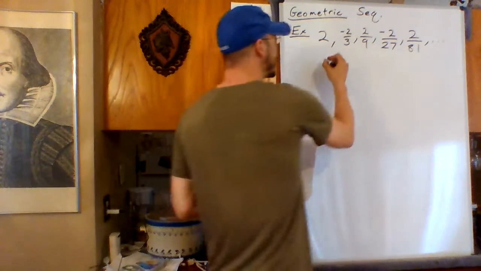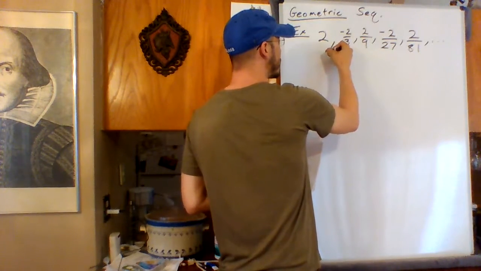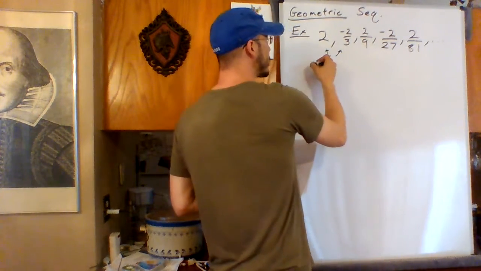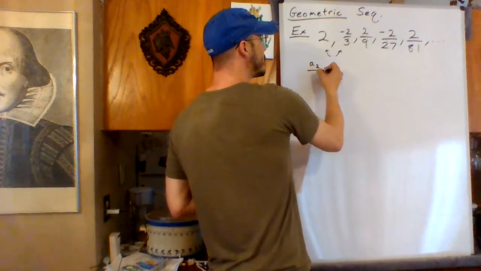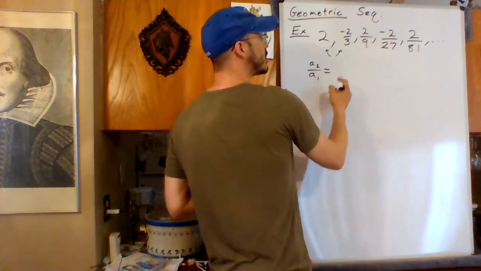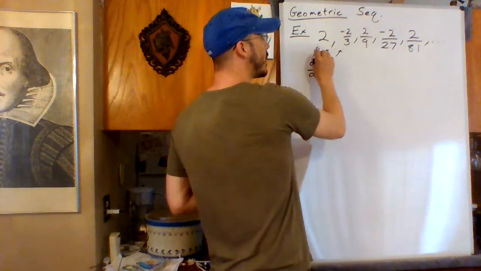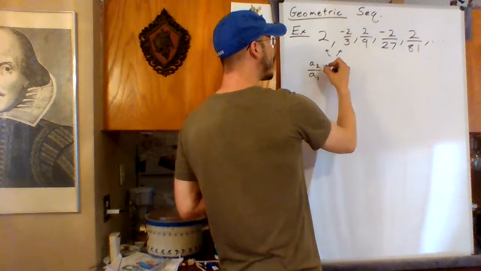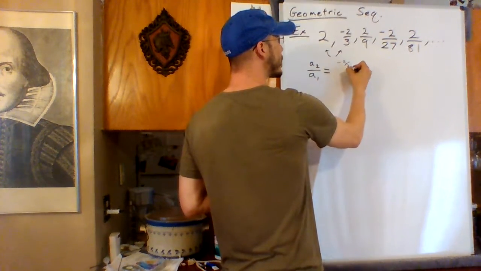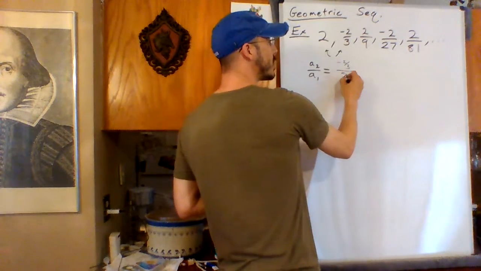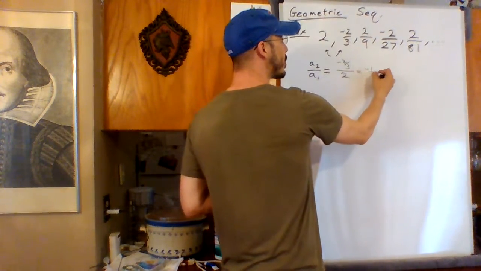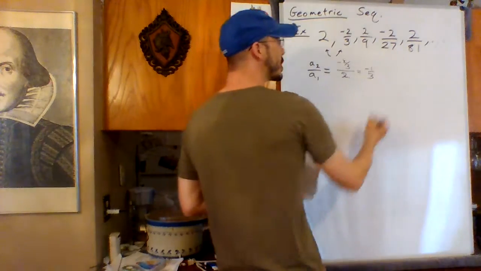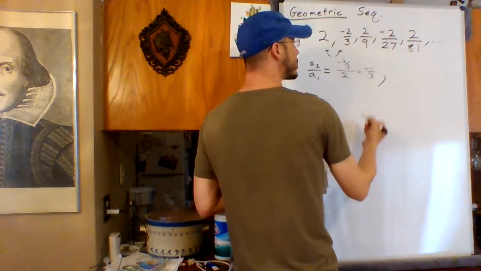If we look at the ratio between these terms, let's look at A2 over A1. That's my A1, A2, A3, and so on. A2 over A1 is negative 2/3 over 2. The 2's cancel, and that gives me negative 1/3. I'm going to do this again just to show you.